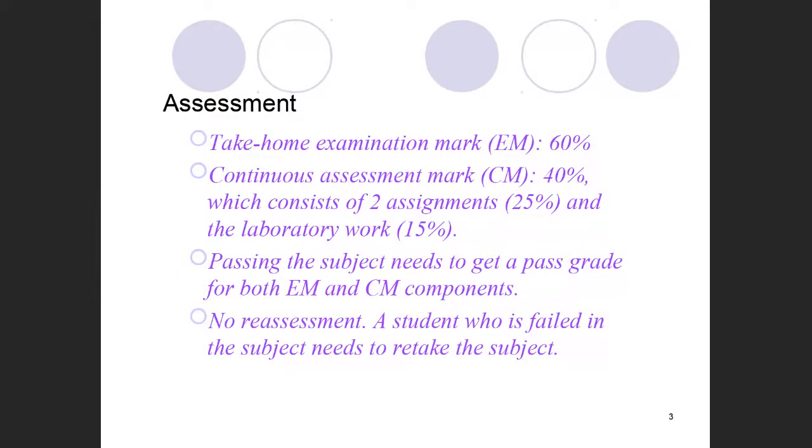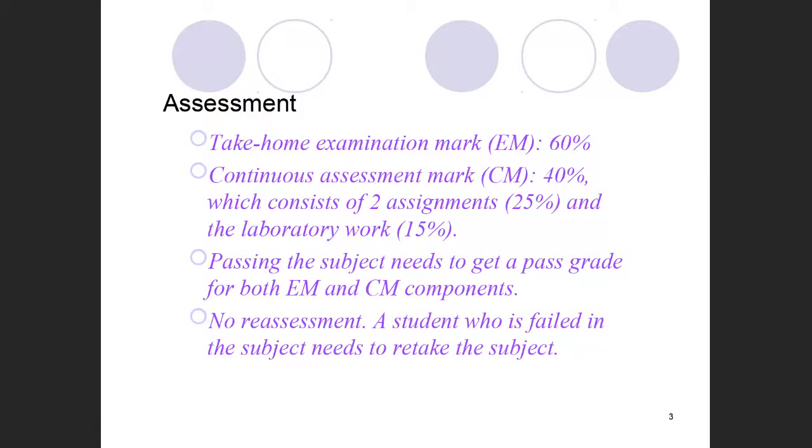Because in previous semesters we do have some students that do not submit the assignment. As a result, they fail the subject. The third point is that passing the subject needs a pass grade for both the examination and continuous assessment.